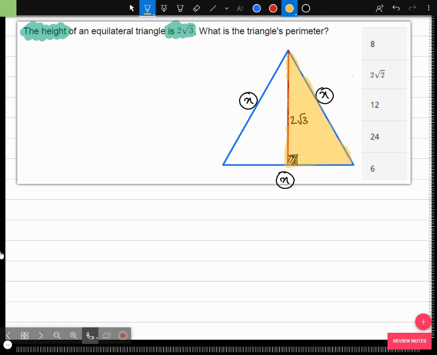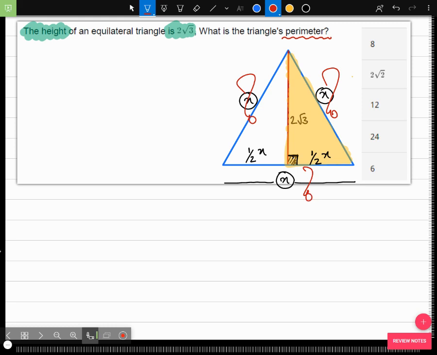Now, while computing, the base is X. But I see that it is split into two halves. Therefore, this is going to be half X, and this is going to be half X. The question is, what is its perimeter? Perimeter means the sum of all the sides, so I should know the value of each side.